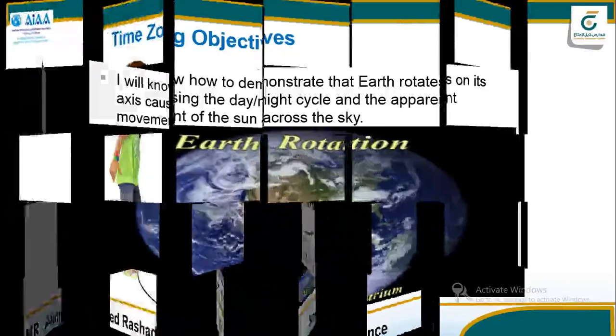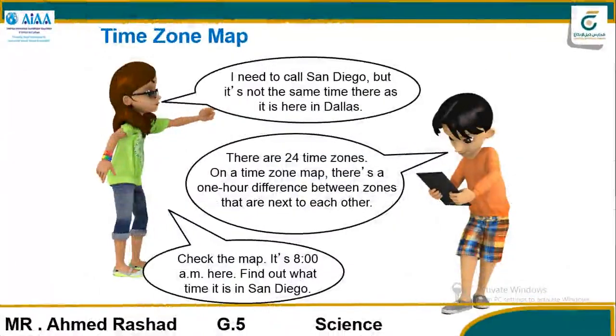In this video, you can see the movement of the Earth around itself, or around its axis. Time zone. What is the meaning of time zone or a time zone map?